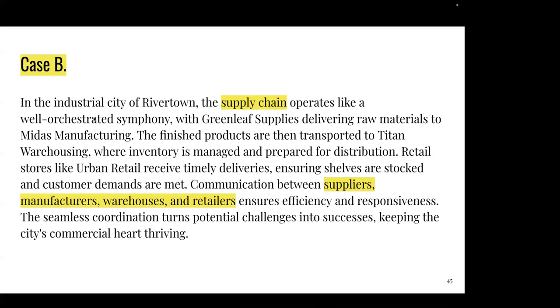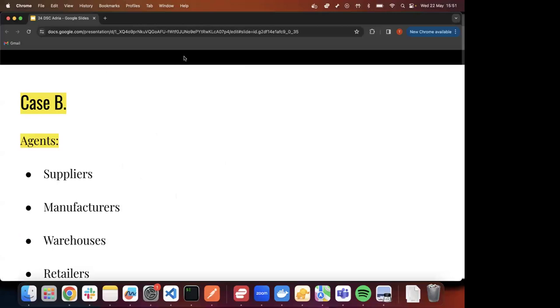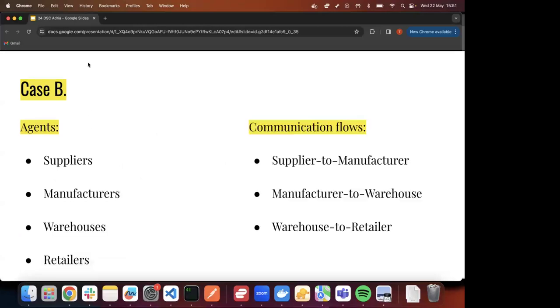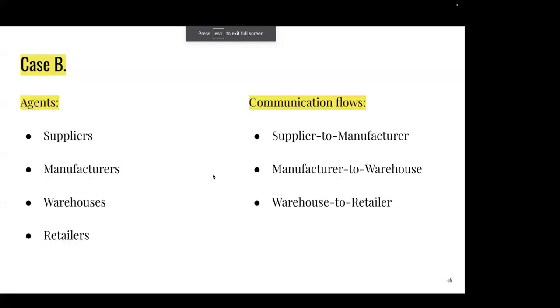We can recognize a couple of different agents in this particular example, which are visible on the next slide. And we have communication, which works with, yeah, you can click, I think twice more.